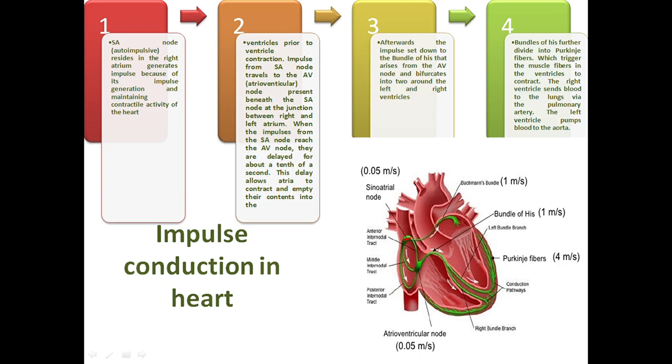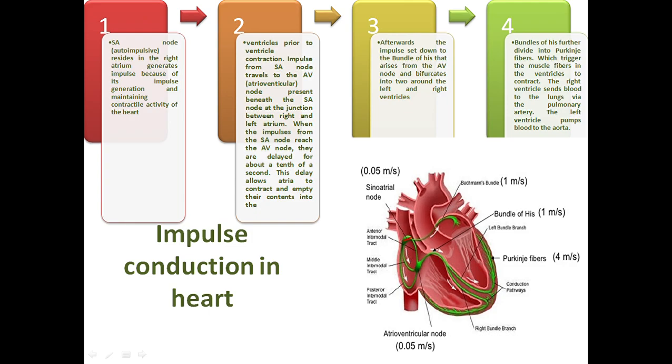This is the SA node, known as the sinoatrial node, which is present in the right atrium and is auto-impulsive in nature, meaning it will generate the impulse on its own, and through the internodal tract this impulse is transmitted onward.